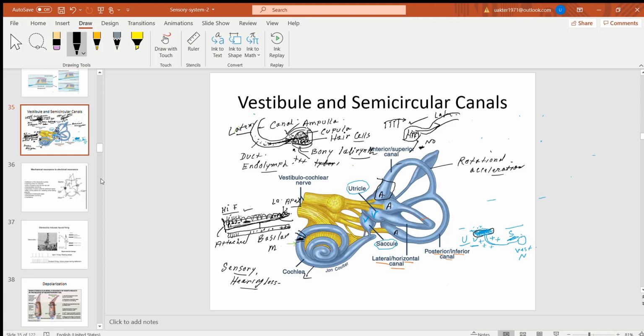Another type of hearing loss is just due to blockage, like any wax formed inside the outer ear canal that blocks the sound waves, or if any fluid accumulates in your ear or infection, or a tumor. So the sound waves will not be taken to the inner ear, to the cochlea. Those are the deafness called conductive hearing loss.